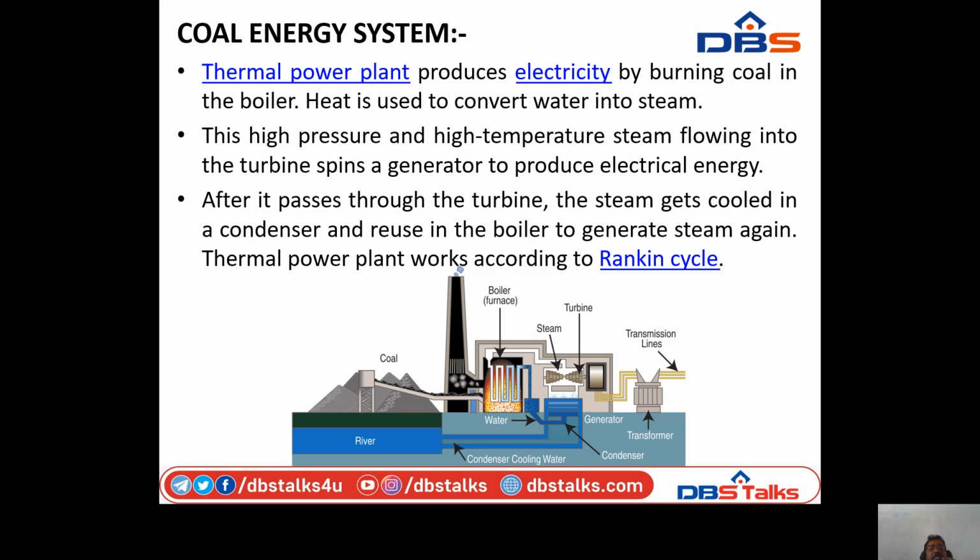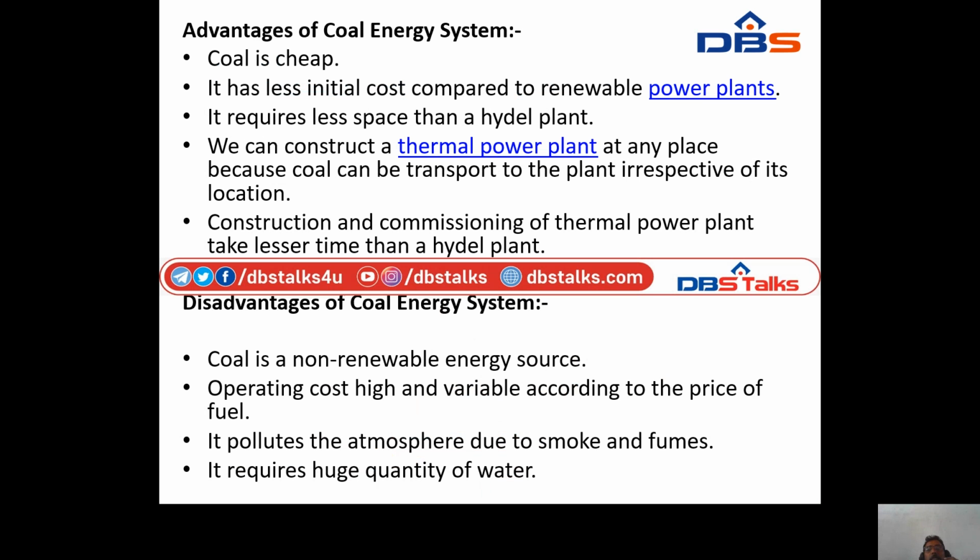This high pressure and high temperature steam flowing into the turbines spins a generator to produce electrical energy. After it passes through the turbine, the steam is cooled in a condenser and reused in the boiler to generate steam again. A thermal power plant works according to the Rankine cycle. Please see that figure also.